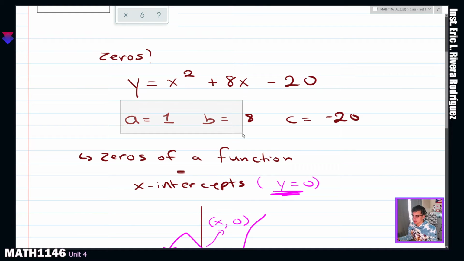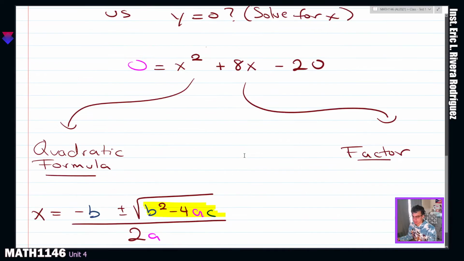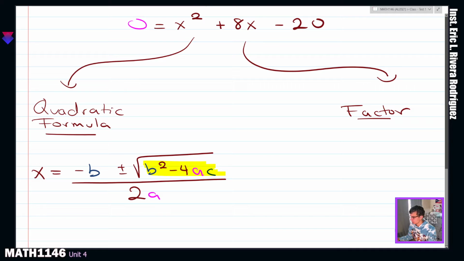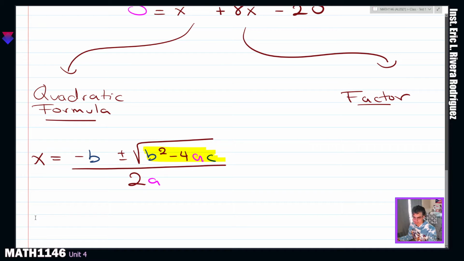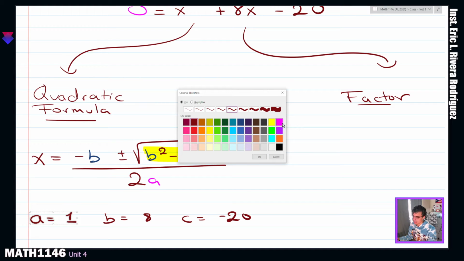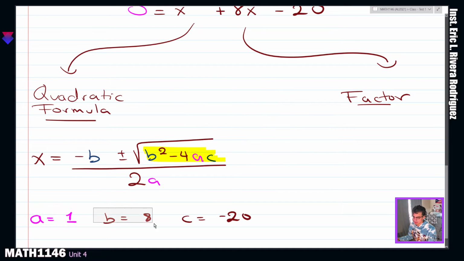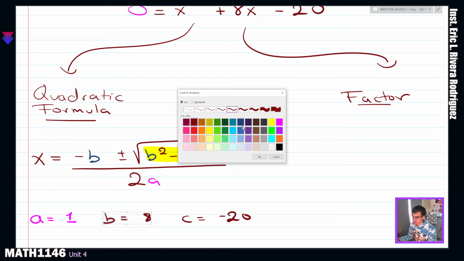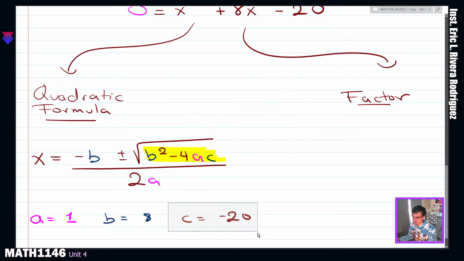So those values are here. Okay, so we have the value for a, which is the big one. We had the value for b, and we had the value for c.